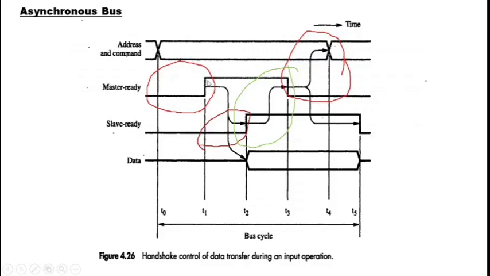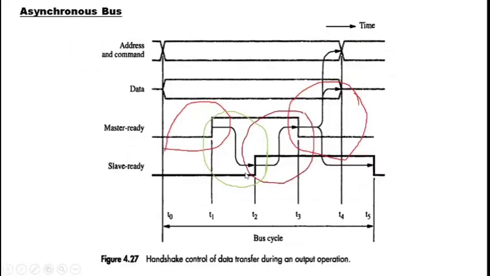That is, master's steps are actually followed by the slave, and that is indicated by signals from the two entities. Master is indicating a begin transaction signal and slave is actually following it using a slave ready. Here also you can see that, right? So master ready and slave ready signal actually act as a handshake mechanism. Okay, so at the initiation stage, the T1 T2 part actually shows you the handshake.